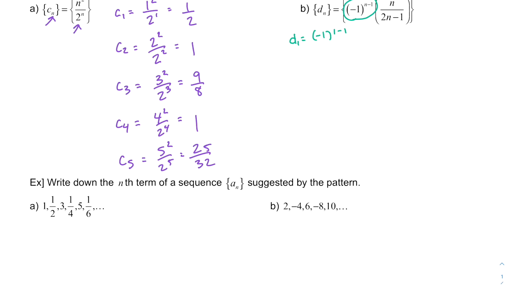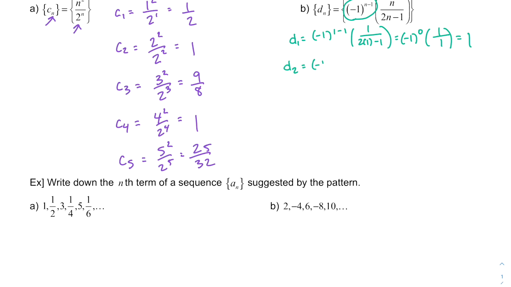So the first term will be -1 to the 1 minus 1 times 1 over 2 times 1 minus 1. So once again, I'm replacing n with 1 to find the first term. So that will be -1 to the 0 power times 1 over 2 minus 1, which is 1. -1 to the 0 power is +1. So the first term is just 1.